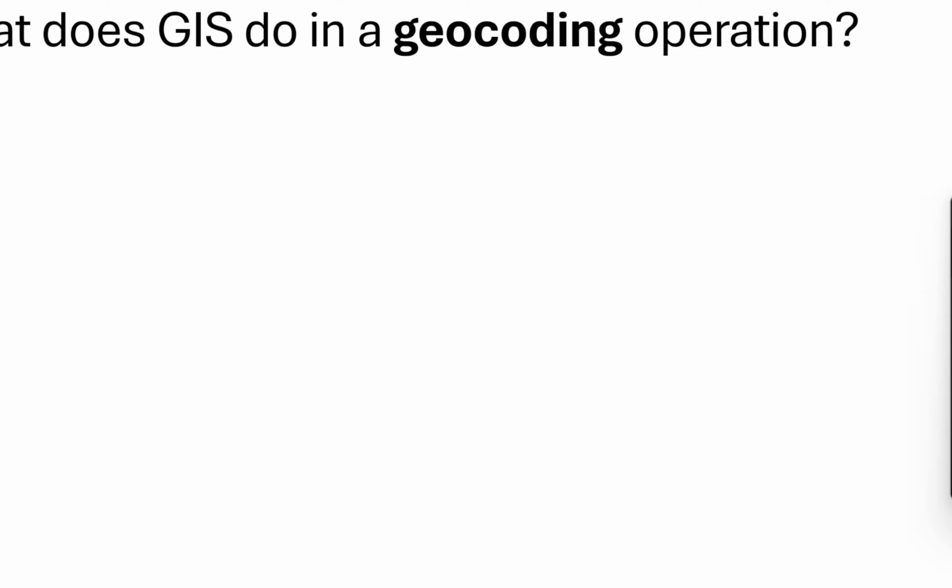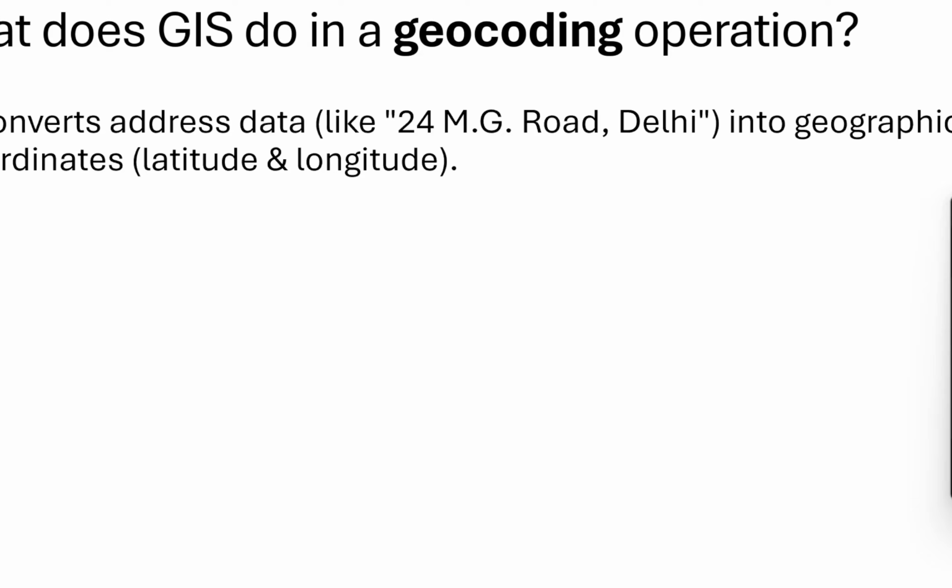So the next question is what does GIS do in geocoding operation? These questions are basically why I have kept it, because I expect that you have covered first week lectures. That is why these terms are coming here.